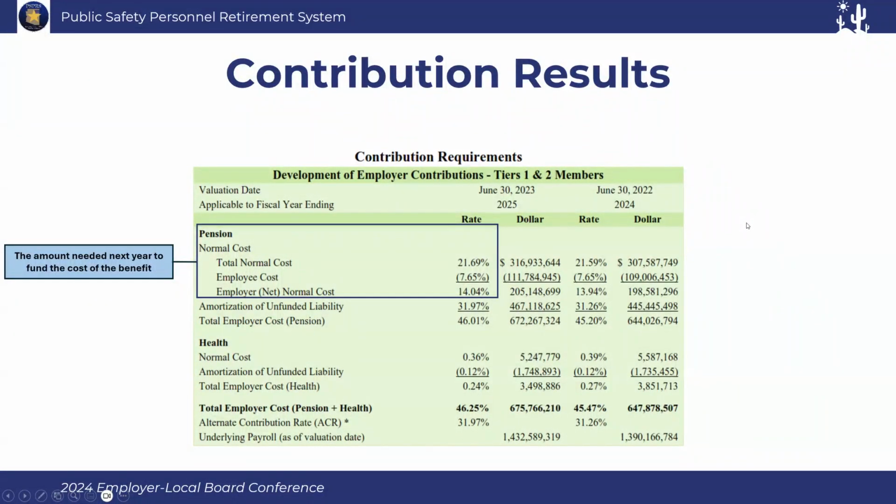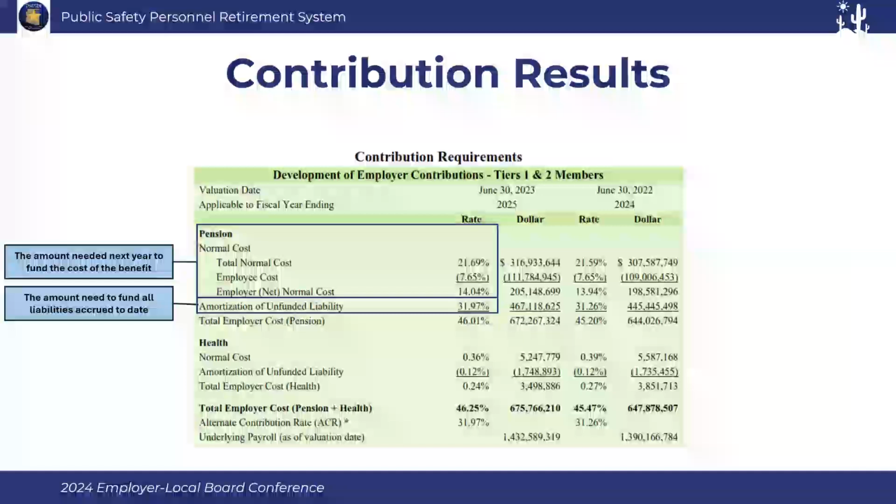The next part of the contribution rate is going to be the amortization of the unfunded liability, which is the amount needed to fund all the liabilities accrued to date. Now, it's not literally all the liabilities, because it's the portion of the liabilities that need to be funded next year. The plan spreads unfunded liabilities over an amortization schedule, typically about 15 years.